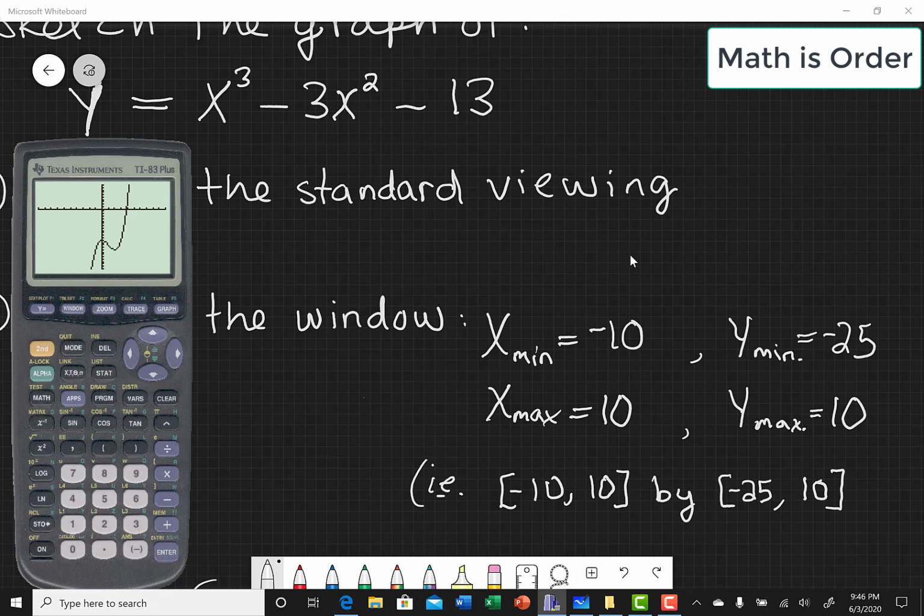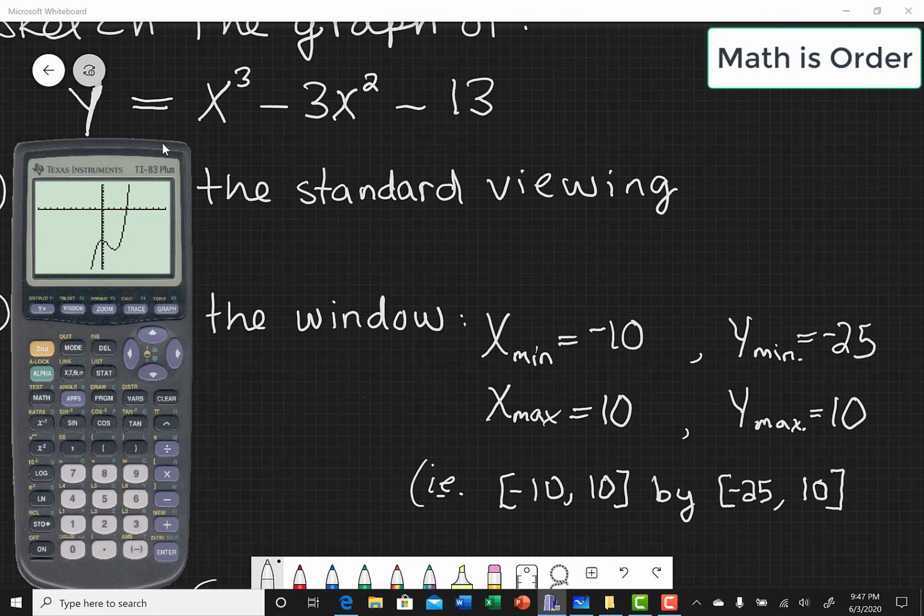So you can see that this graph here, now it does have the essential features, right? And I only know this because I know a little bit of the nature of the graphs of some of these common equations. All right.